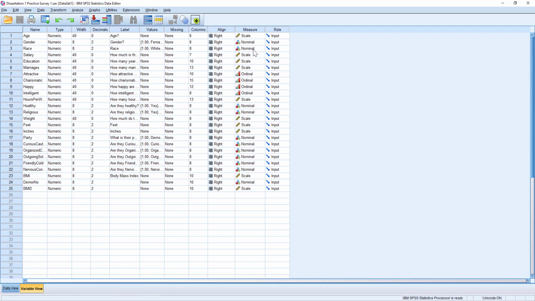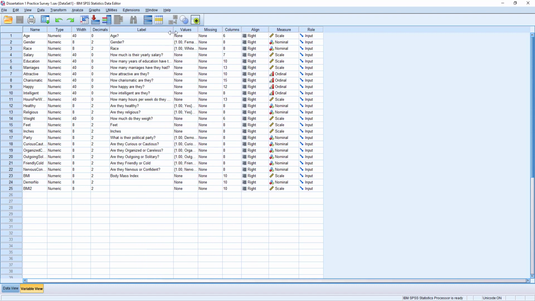And remember that chi-square test for association is when you want to see, is there a significant correlation between two nominal variables? So here we have, for example, let me expand this a little. What is their political party, and are they friendly or cold? Okay. So we want to construct a chi-square that will analyze whether there's a significant relationship between political party membership and friendly or cold.